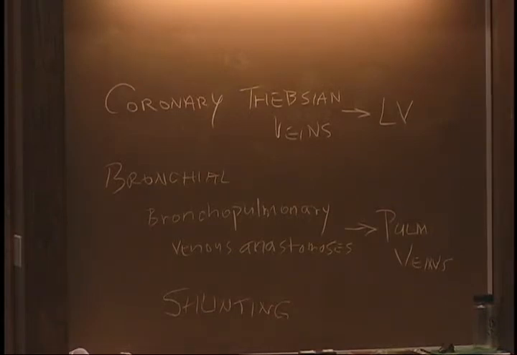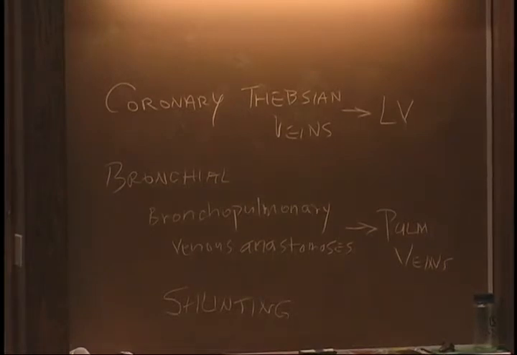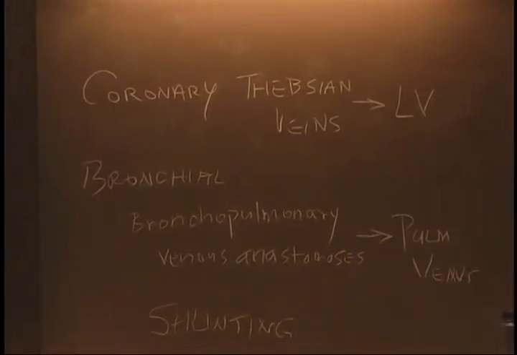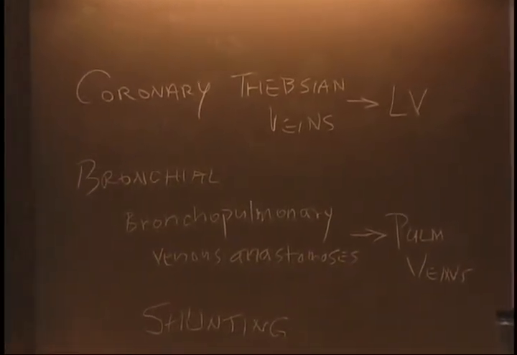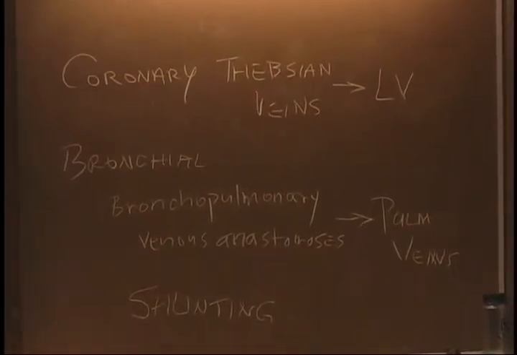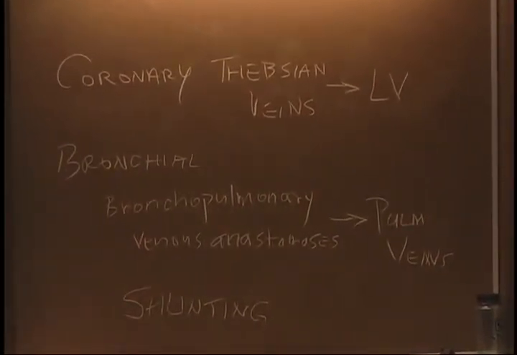Now, one of the things I told you in a previous lecture was that the bronchial circulation is actually a portion of the systemic circulation, and it supplies the major airways like the trachea. And in that case, the bronchial circulation drains into the so-called bronchopulmonary venous anastomoses. I can't ever remember that either, so I always just jot it on the blackboard.